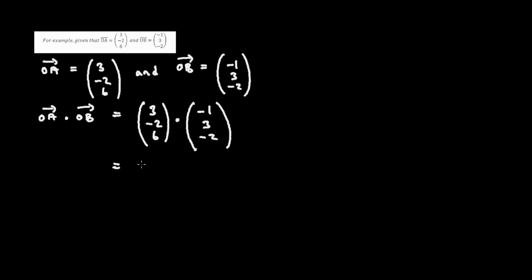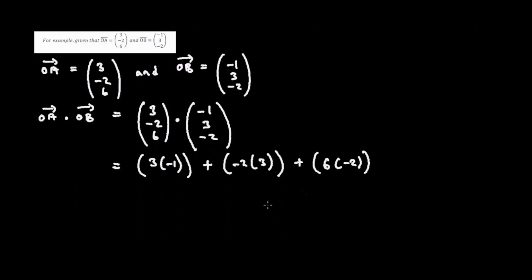So this is equal to 3 multiplying minus 1 plus minus 2 multiplying 3 plus 6 multiplying minus 2, like that. 3 times minus 1 is minus 3, minus 2 times 3 is minus 6, but plus na minus, of course, osangana chingoti pa minus, so it's minus 3 panaba minus 6.